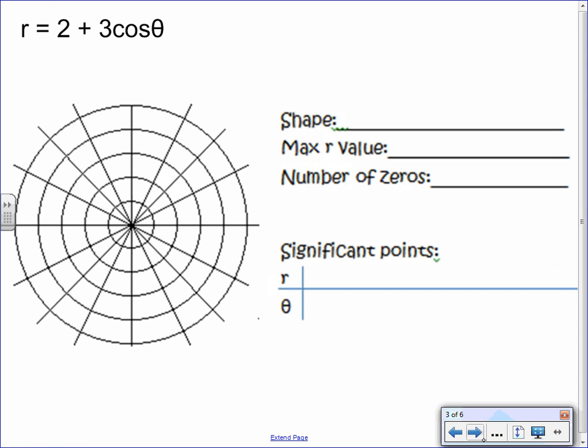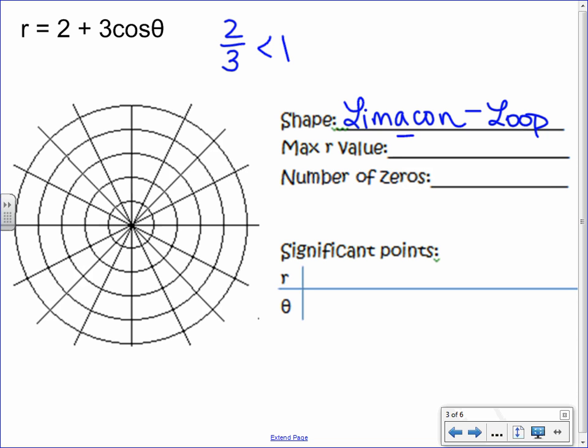First one. Okay, so we know right away this is a limacon. What is A? 2. What is B? 3. How does that compare? That's the 1. Which means this is a... What is our max value? 5, because you add A and B together.